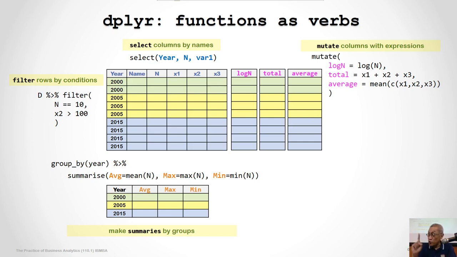And usually this is the way that we do business analytics. In business analytics, what are we analyzing? We are analyzing a company, a product, a customer, a competitor, or actually an employee. Sometimes the human resource department will do that.